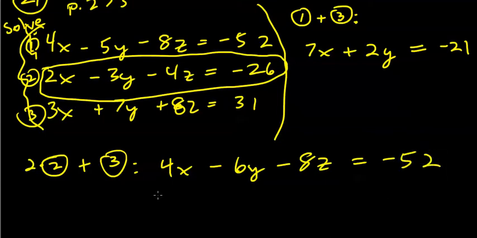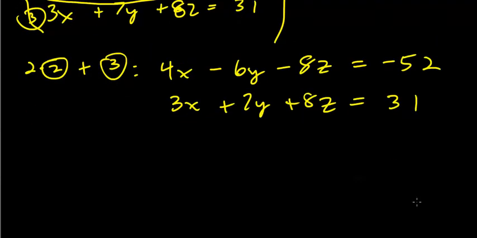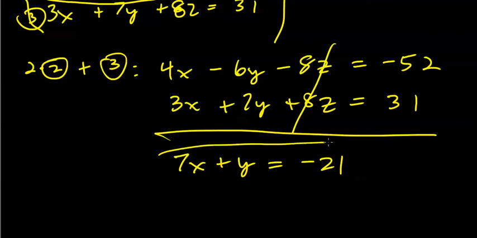And if I add that to equation 3, I get 3x, let's see, plus 7y plus 8z equals 31. The 8z's will cancel out, and I'm left with 7x plus y equals negative 21. So that's going to be the second equation in my 2 by 2.